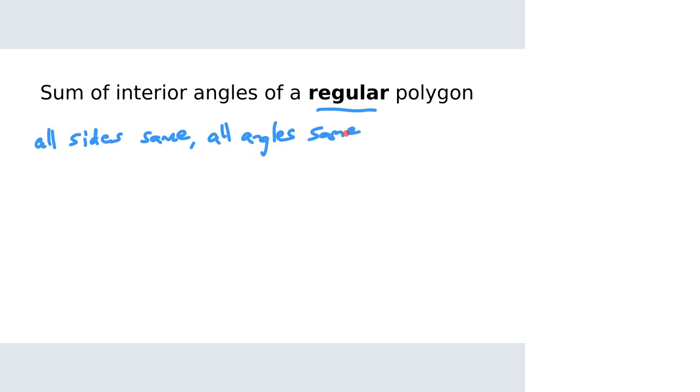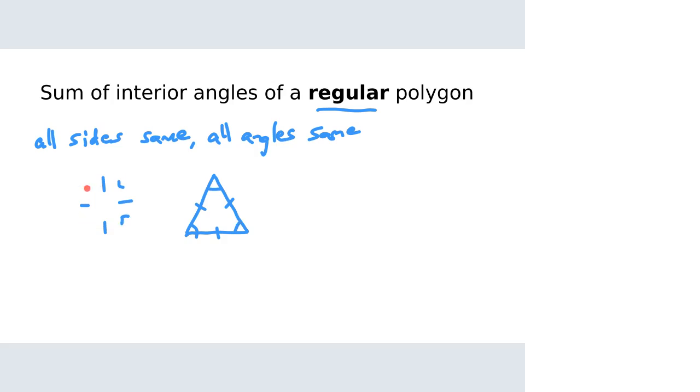We've seen that so far. If we talk about a square, all 4 sides are the same, all 4 angles are the same. That would be a regular quadrilateral. We've also seen it here with the equilateral triangle. All the side lengths are the same, all the angles are the same. That would be a regular triangle. So that's what regular will mean for us.